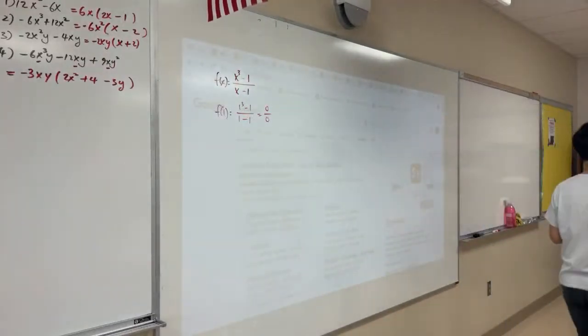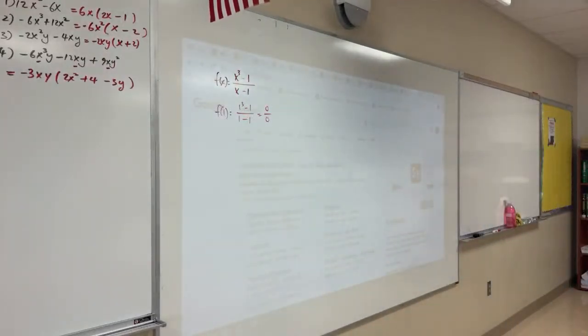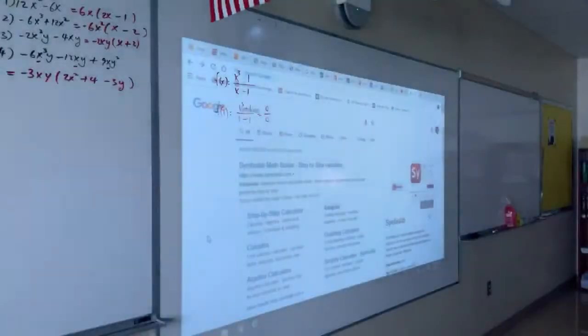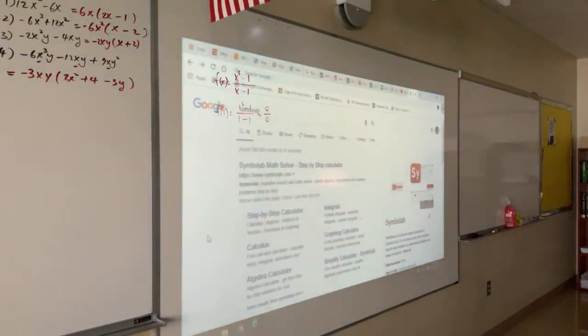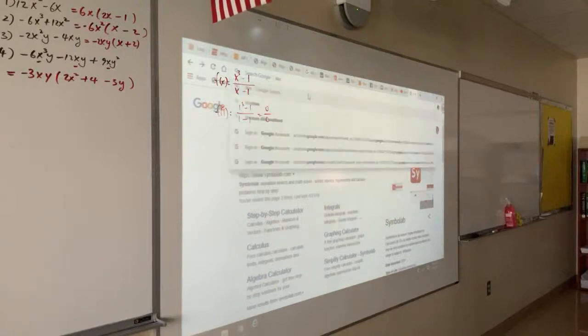Okay, so if you look at the function, we're gonna show you two different ways to do it. So we're gonna use Desmos. Wait, it's right there. In the middle, yeah.